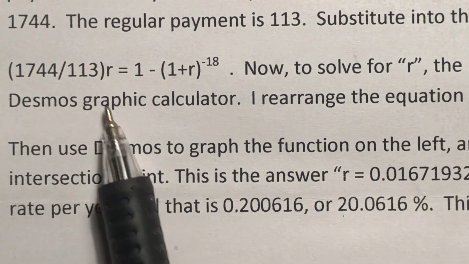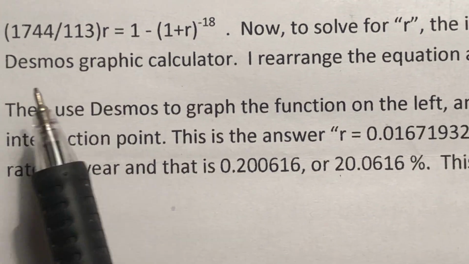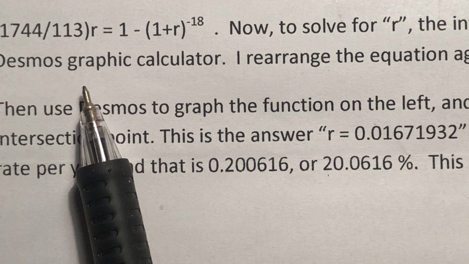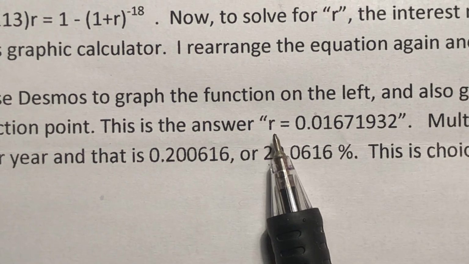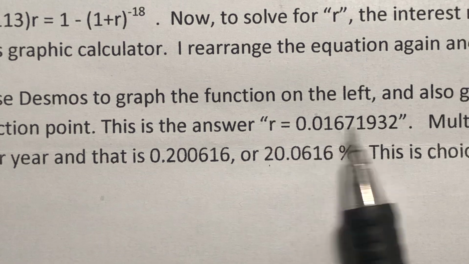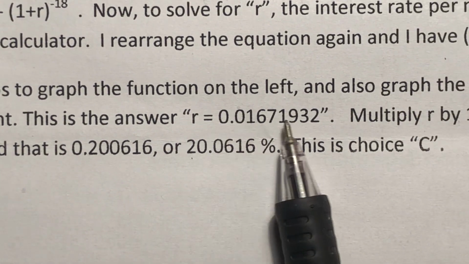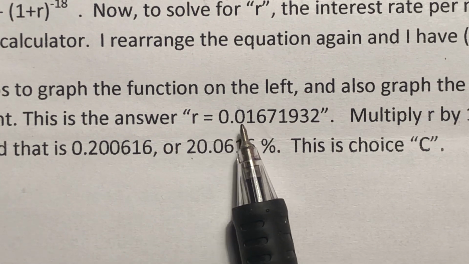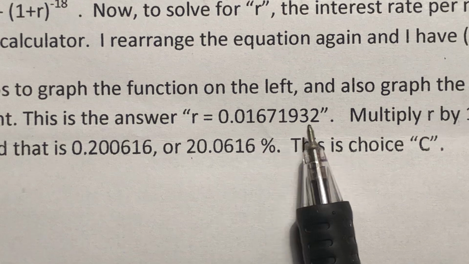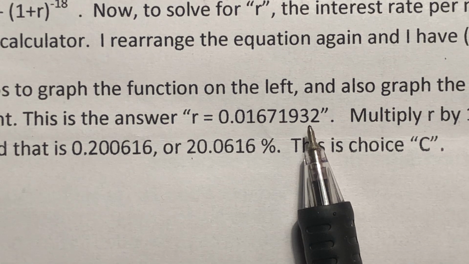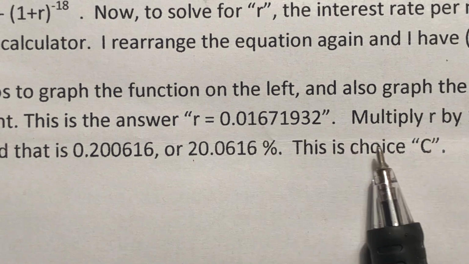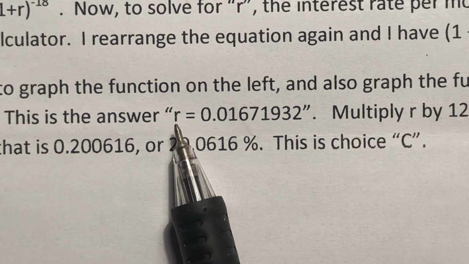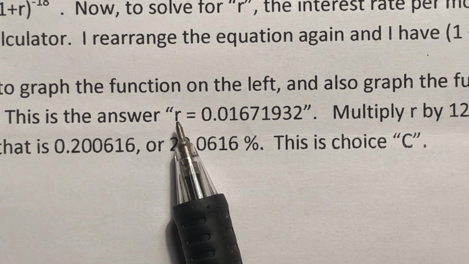Therefore, I use this calculator to get the answer. And r is the x-coordinate of the intersecting point, which is very accurate, with many decimal points. Desmos is very powerful. So this is interest rate per month.